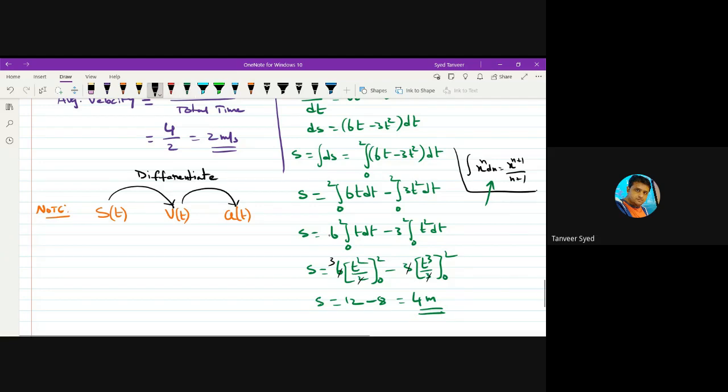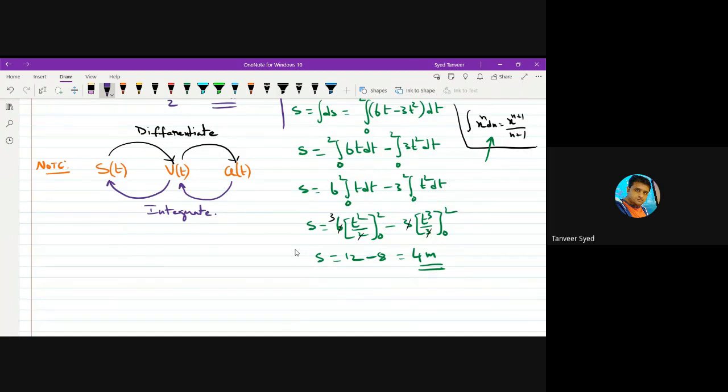On the other hand, if you want velocity from acceleration or displacement from velocity, you should integrate. Very important thing.